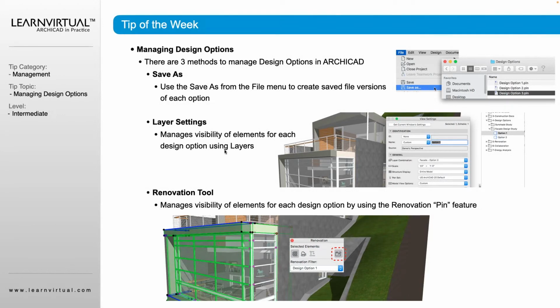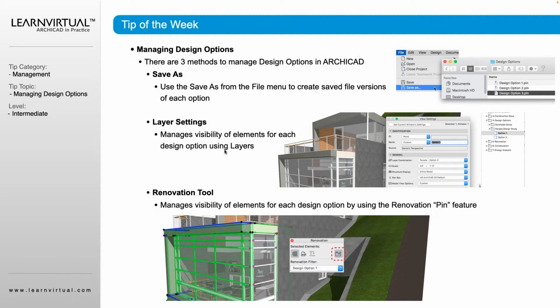You can do everything through your layer settings. And this requires a lot of attention to what your layer options are and what your visibility is set to for each. And then you also have to really take into consideration what your wall priorities are set at for each layer to make sure that everything is cleaning up graphically for each of your views.